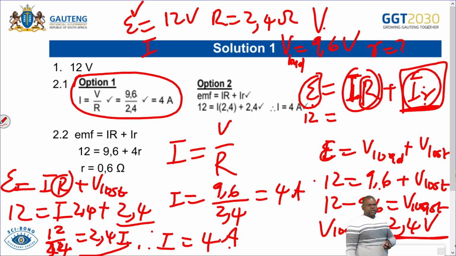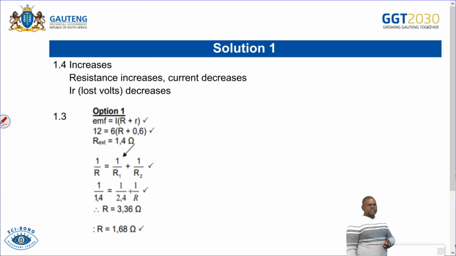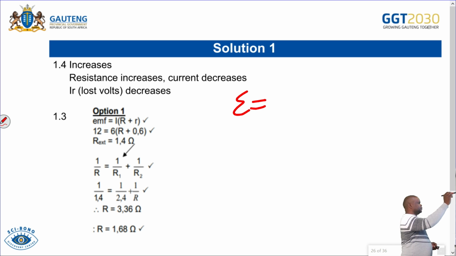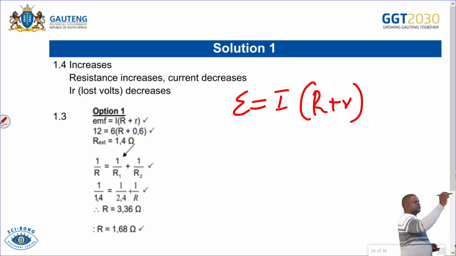Let's go. The resistance of identical bulbs. Okay, here we are. We know that if we choose this formula, let's look at this formula. E is equal to IR plus Ir.